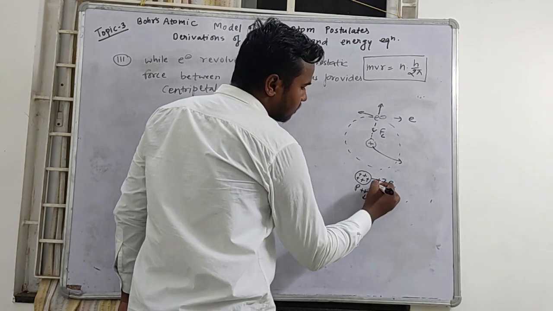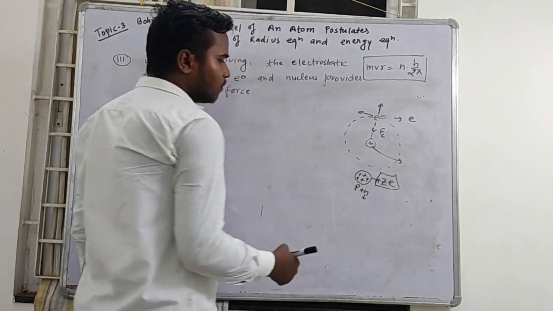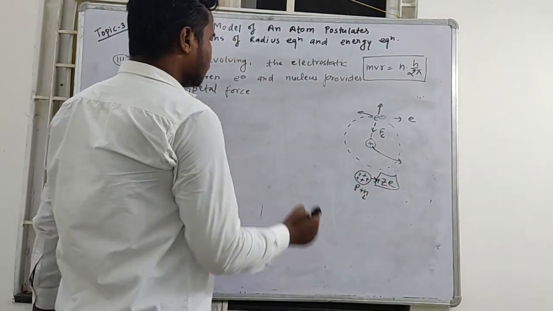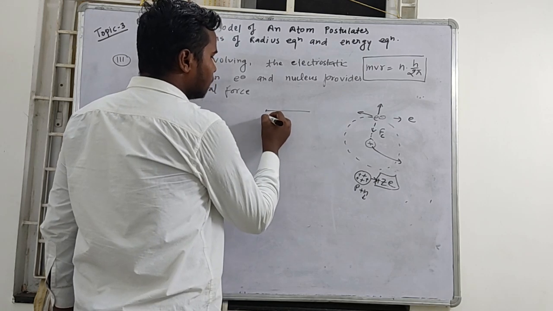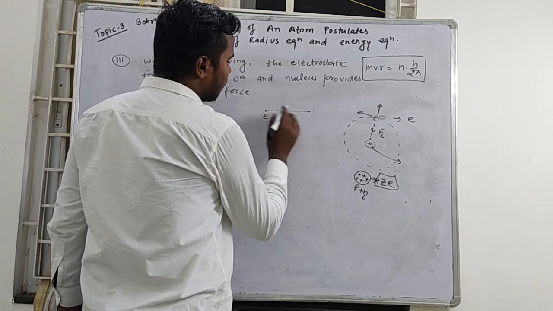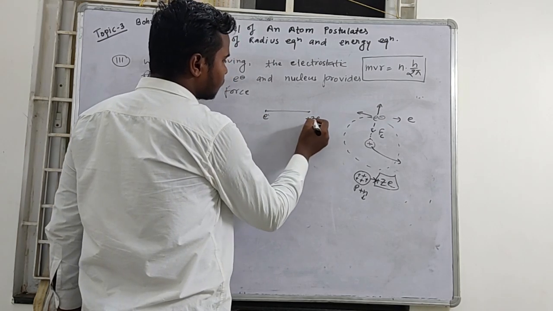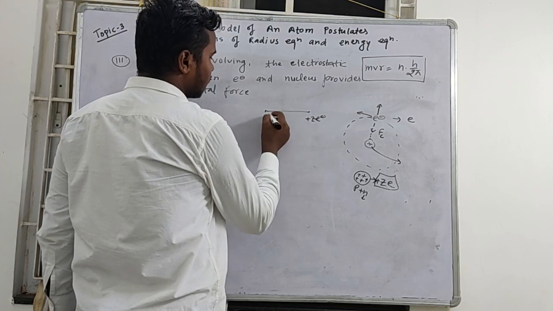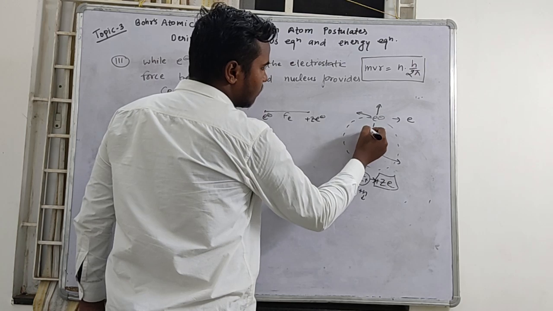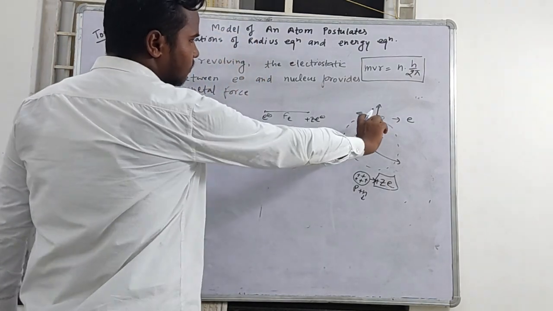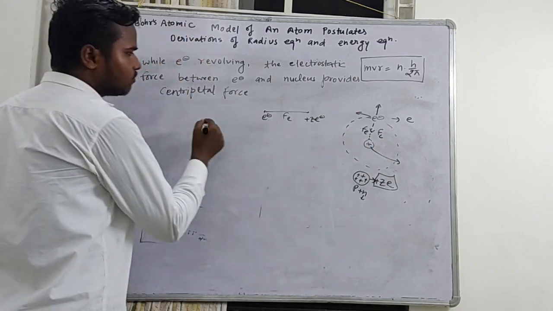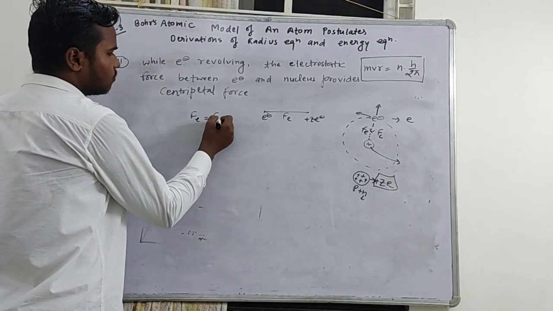The charge of a proton is positive, so the total charge of the nucleus is plus Ze. So if this is the electron with charge e and here the charge is plus Ze, the electrostatic force Fe will act here due to electron and nucleus charge. So we will see that Fe is equal to Fc.